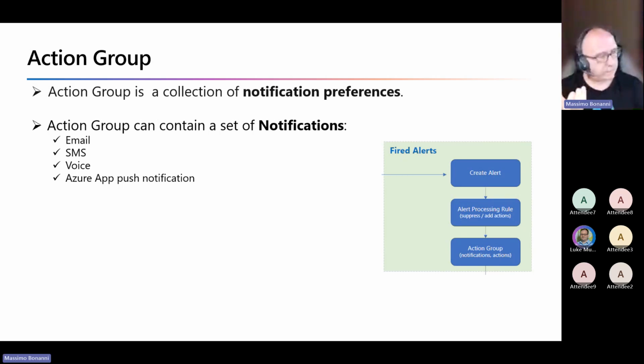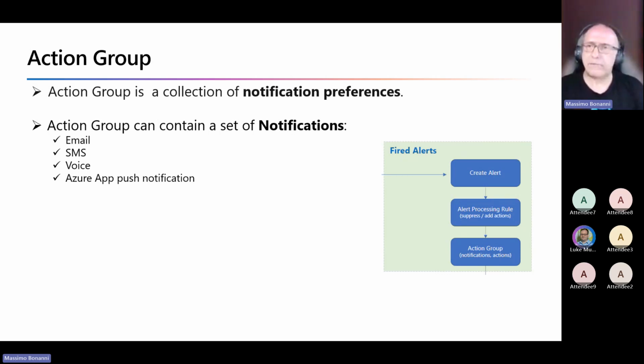So you can create the action group. You have an alert, the alert rule. You create an action group. The action group is external to the alert, and you can say this alert uses this action group. Why? Because you can have more than one alert rule with the same behavior. The action group is the behavior of your alert.